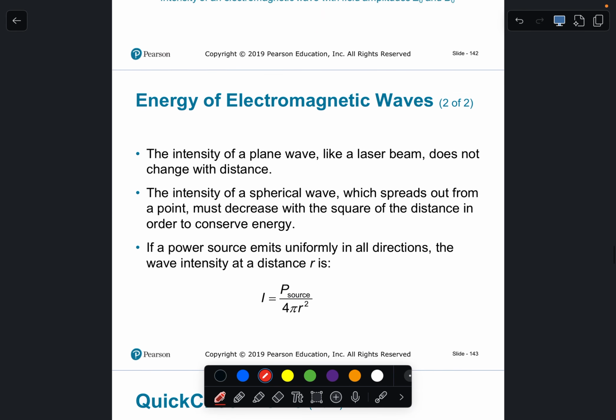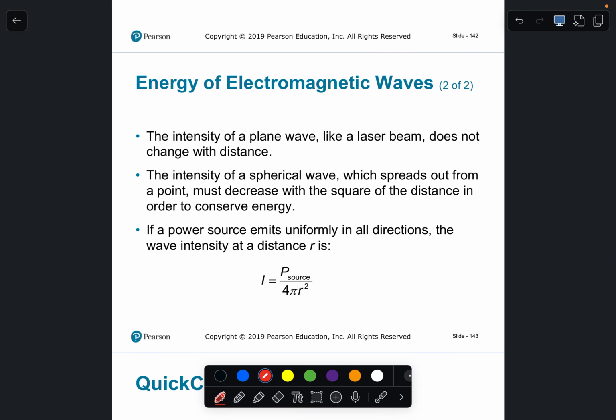So when we talk about the intensity of a wave, we've previously said that electromagnetic waves act like plane waves. But when we talk about the intensity of an electromagnetic wave, we're actually going to treat the waves as spherical waves.